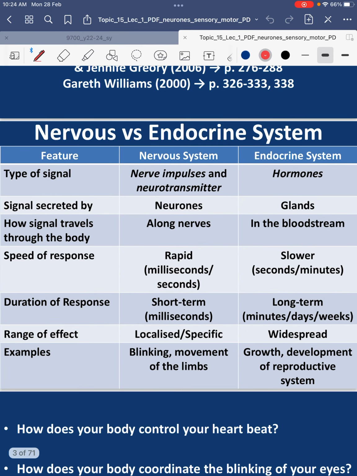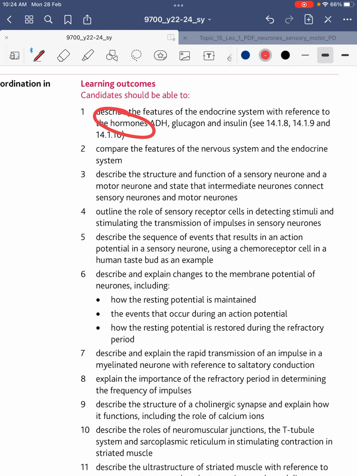If we now look at objective number 2, compare the features of the nervous system and the endocrine system. I'm about to introduce to you the nervous system, just an introduction.